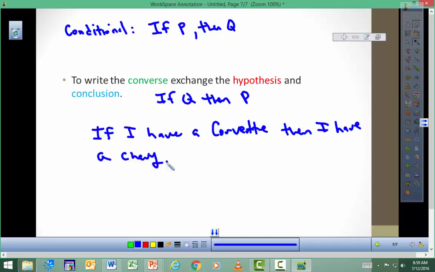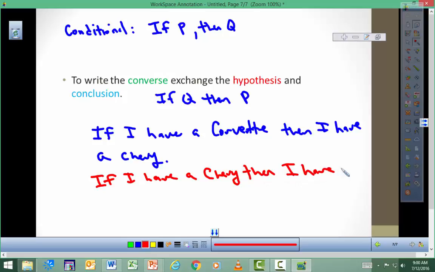And that's because Corvettes are made by Chevrolet. But let's say we try to switch things around and I write the converse. If I have a Chevy, then I have a Corvette.